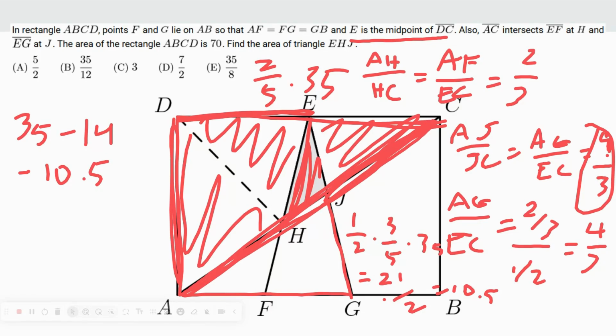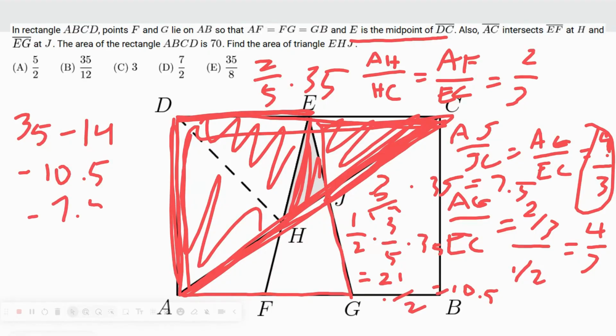So you have triangle ACD, and we have the triangle EJC. So doing that multiplication, 3/14 times 35 is equal to 7.5. So that's the last thing we need to subtract. And so doing this subtraction, we find that this answer is equal to 3.